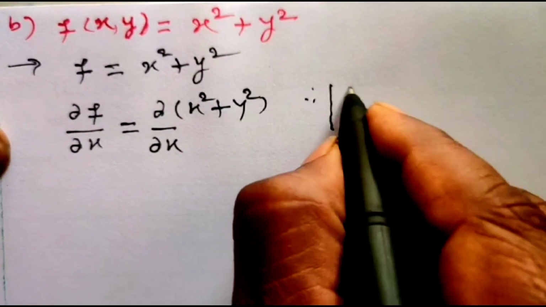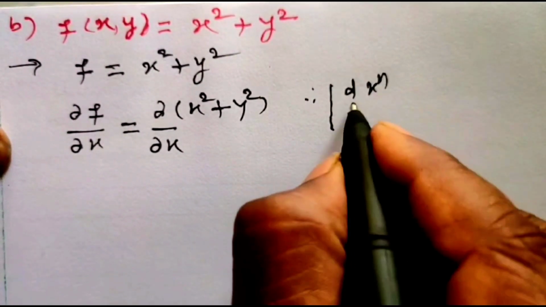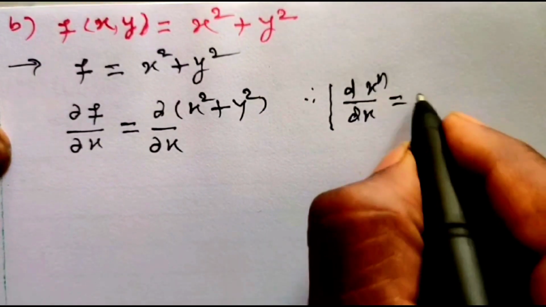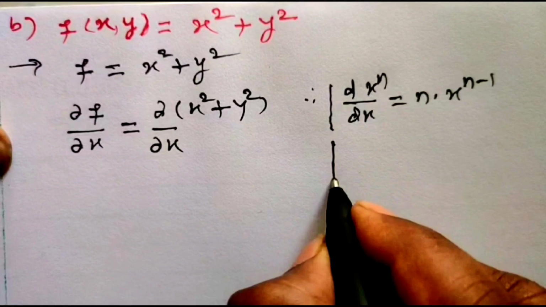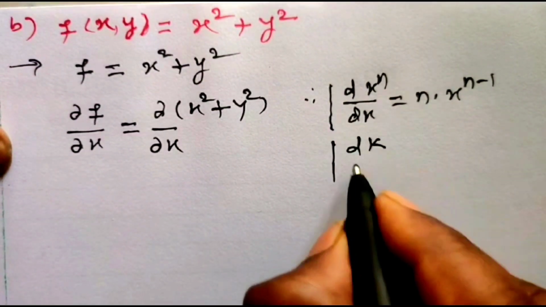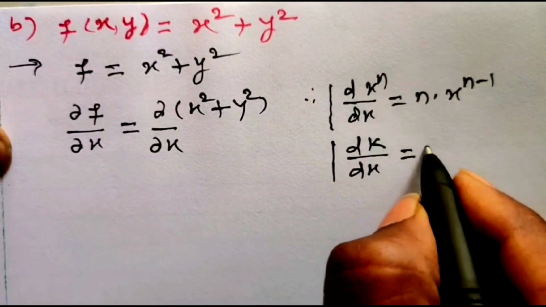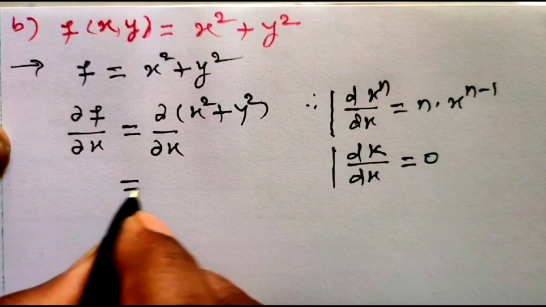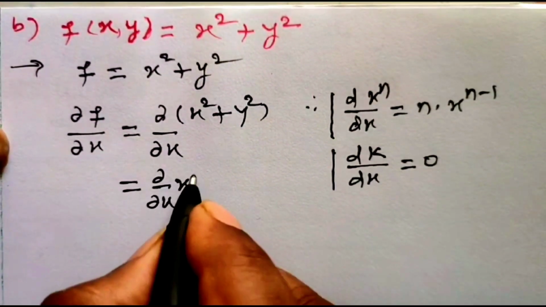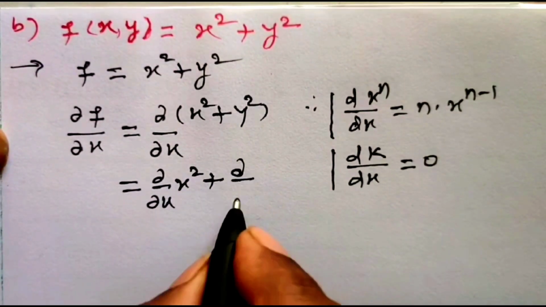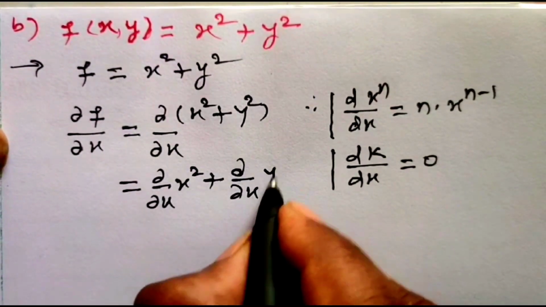And you can apply derivative of x to the power n with respect to x is equal to n into x to the power n minus 1, and derivative of constant with respect to x is equal to 0. So separating, we can write partial derivative with respect to x of x square plus partial derivative with respect to x of y square.